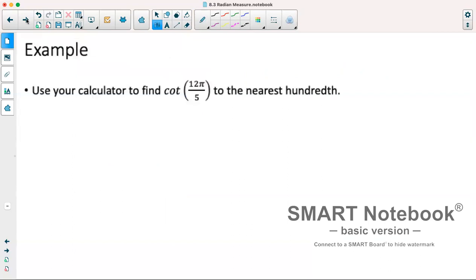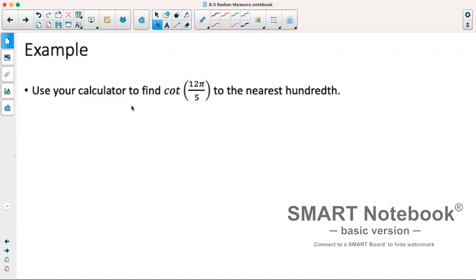Next example, use your calculator to find cotangent of 12 pi over 5 to the nearest hundredth. So for this one, because it says to use our calculator, we aren't having to draw anything out.